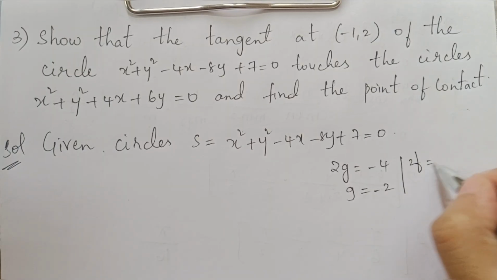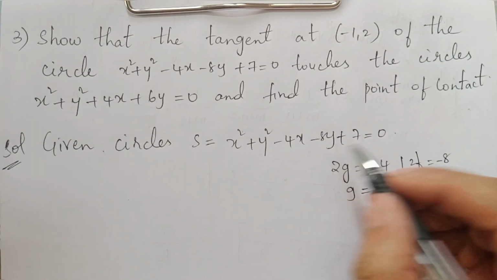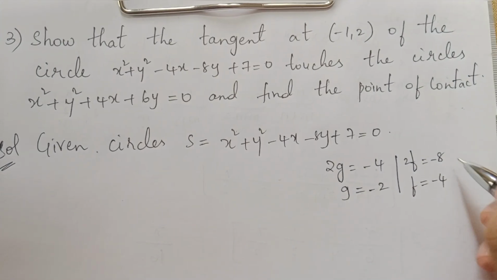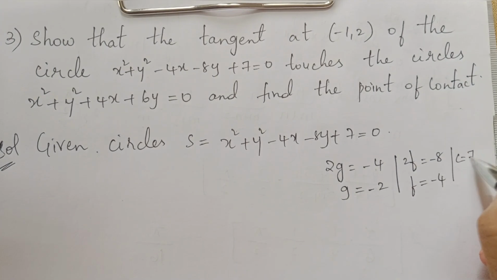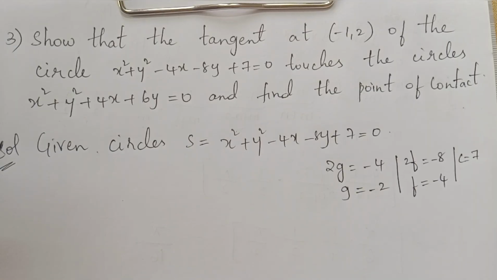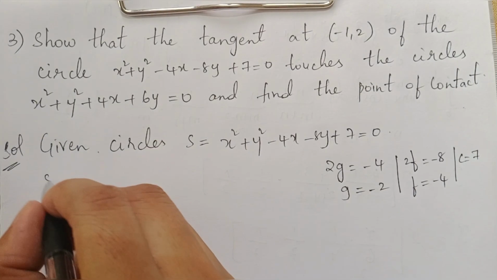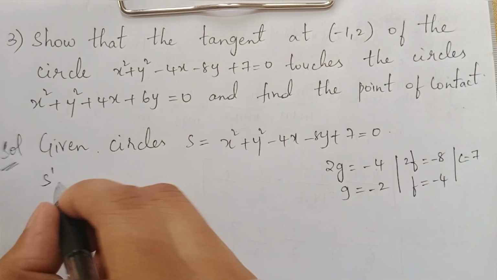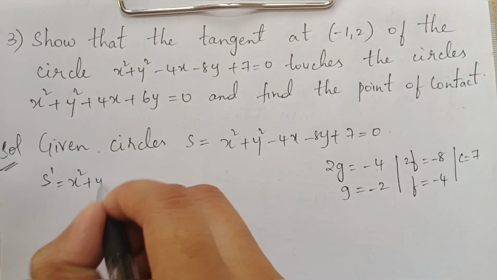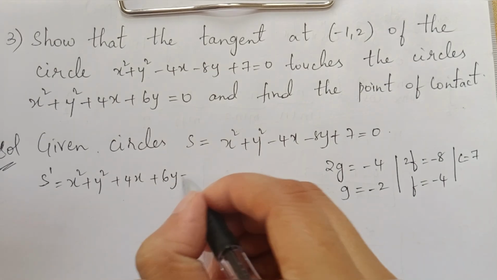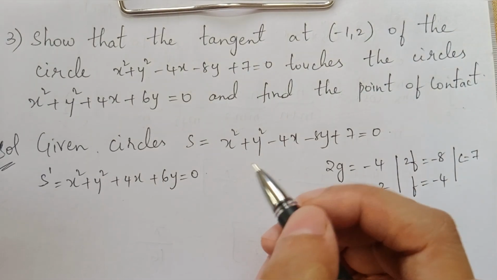And 2f is the coefficient of y, which is -8, so f is -4. And the value of c is 7. The other equation we can take as S', which is x² + y² + 4x + 6y = 0.